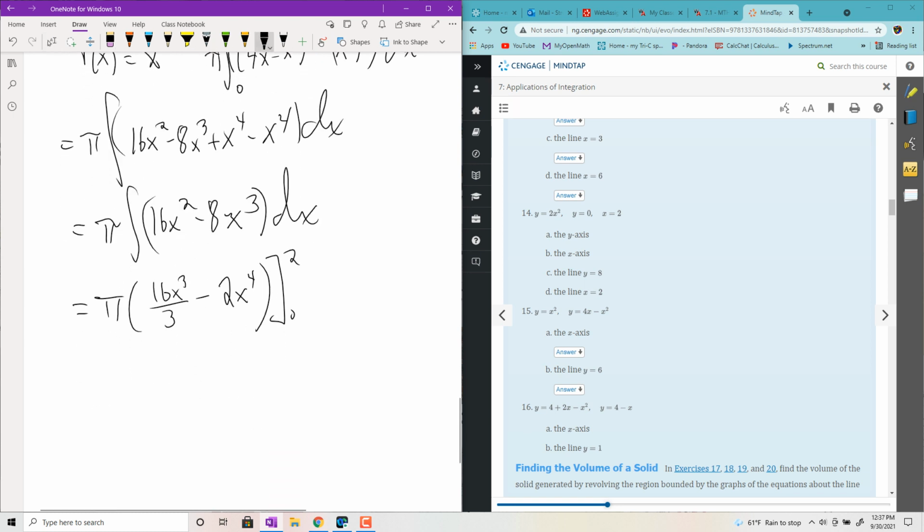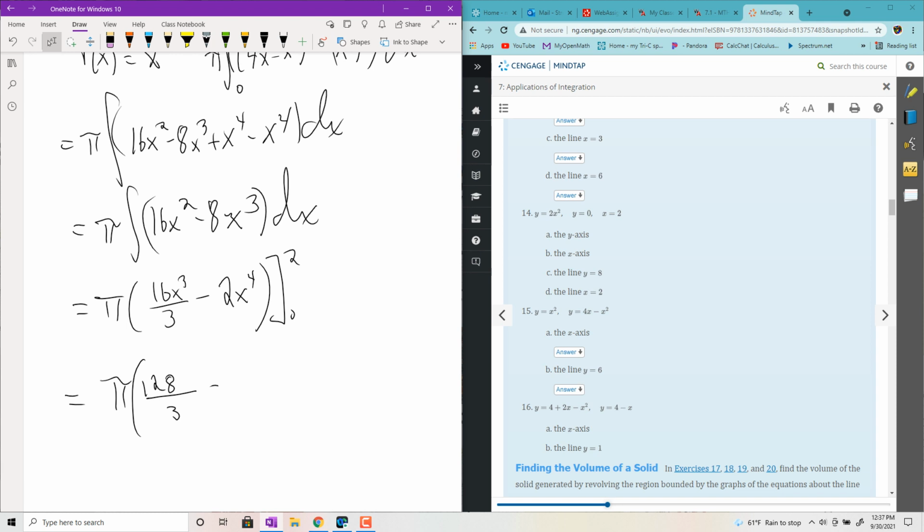And then we just plug in our numbers, right? So plugging in 2 into the antiderivative, I get 8 times 16, whatever that is, like 128, I hope, all over 3 minus 32.